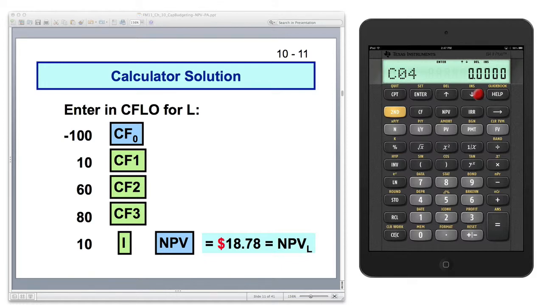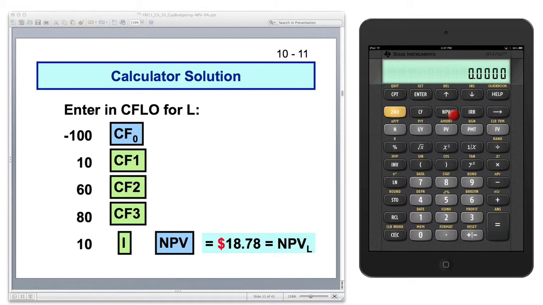And then you come back once again to your initial screen. If you want to clear the screen, you can just hit the CE/C button, which is clear entry clear. It does not erase the values which have been stored under the CF function key.